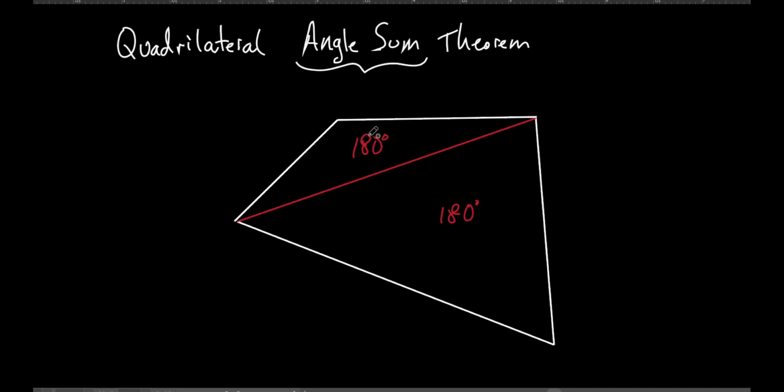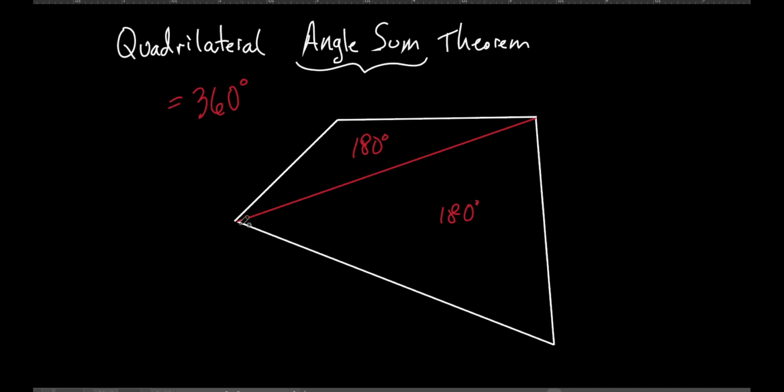The angles here add up to 180. So in the whole entire thing, what do you think all the angles add up to be then? 180 and 180 is what? 360. That's right. So the angle sum of a quadrilateral is always equal to 360 degrees.